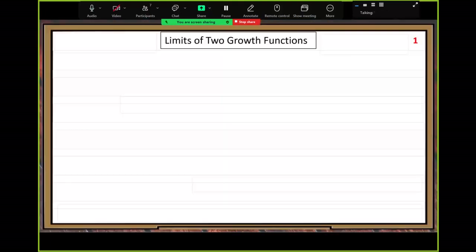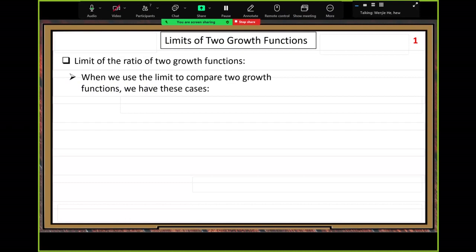All right. So here, let's continue our discussion from limits of two growth functions. Now, let's look at when we calculate the limit of the ratio of two growth functions.